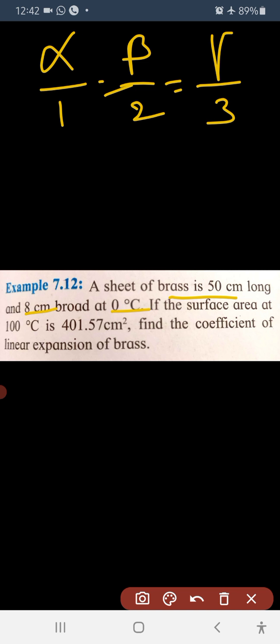Therefore we can find the area of that brass sheet, length into breadth. So 50 centimeter is the length into 8 centimeter is the breadth. So 50 into 8 is 400 centimeter square, the area of that brass sheet, which is the initial area. Let us call it A1.